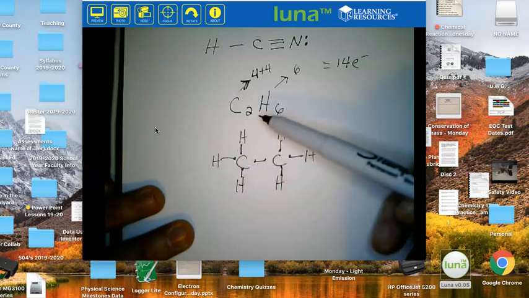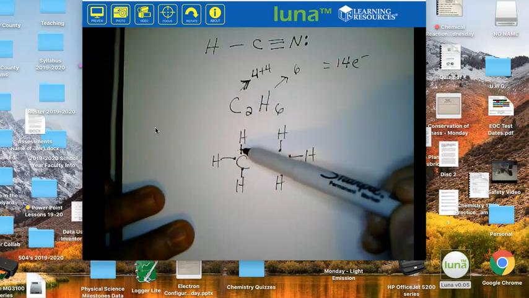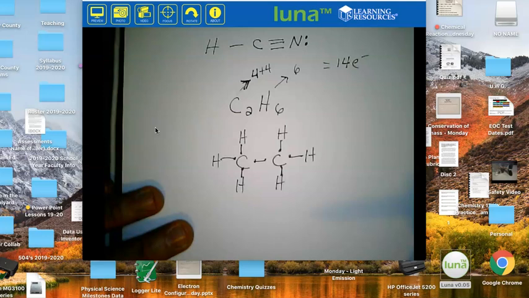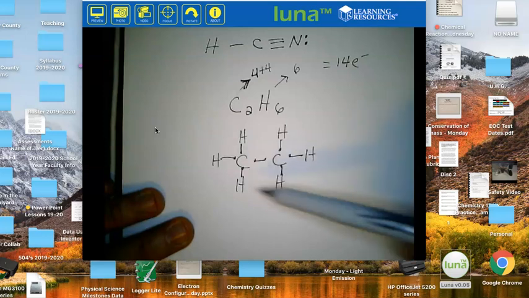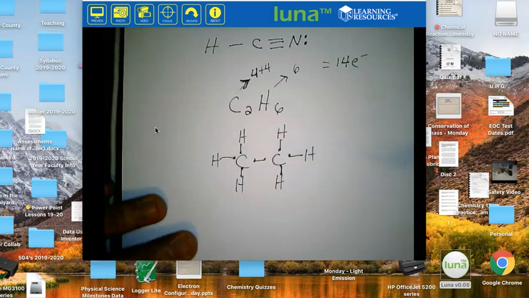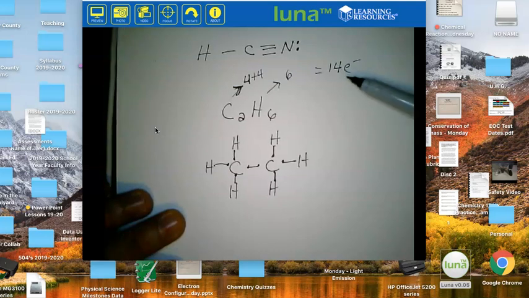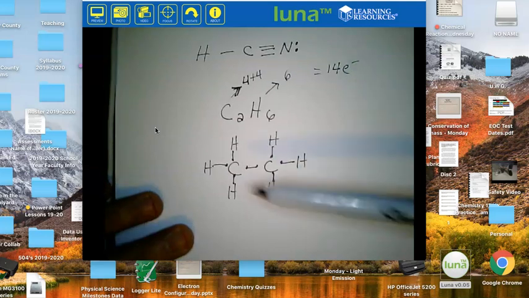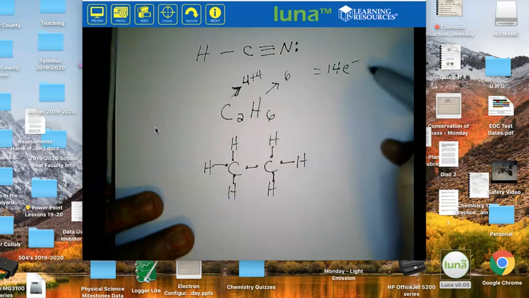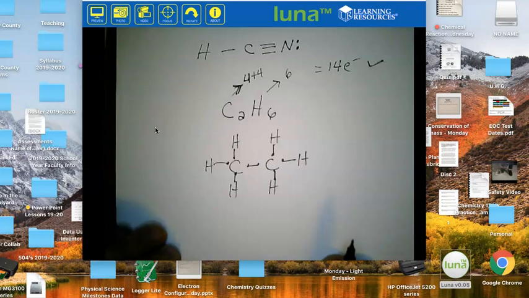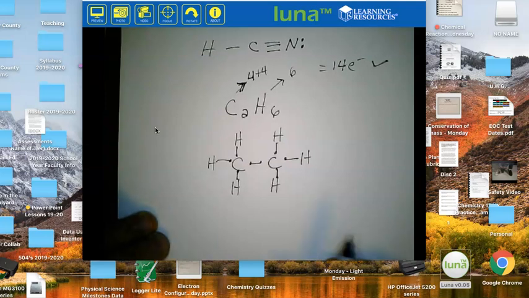This other carbon atom also has 8, 2, 4, 6, 8. And hydrogen has 2 electrons. So this structure is good to go. Now we can double check our electron number, 14: 2, 4, 6, 8, 10, 12, 14. So we're good with the electron number, and we should be able to move on to the next structure.